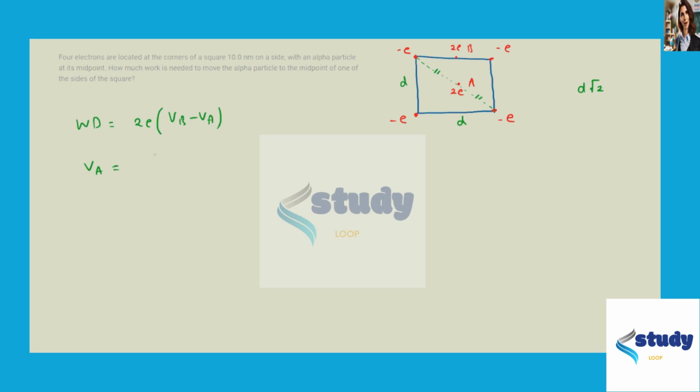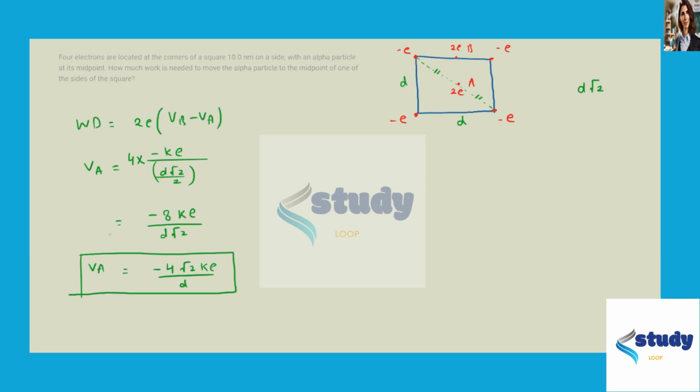So the potential is going to be minus ke over r, where r is d root 2 over 2, multiplied by 4 because there are four such electrons. So that's going to be negative 8 ke over d root 2, which is negative 4 root 2 ke over d. So that's the potential at A.